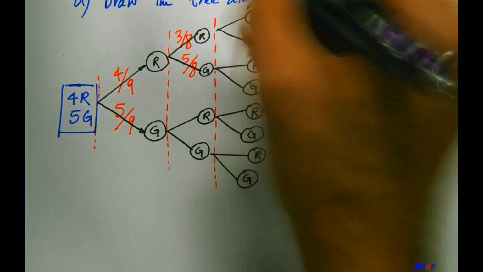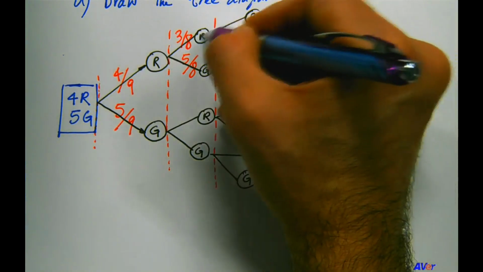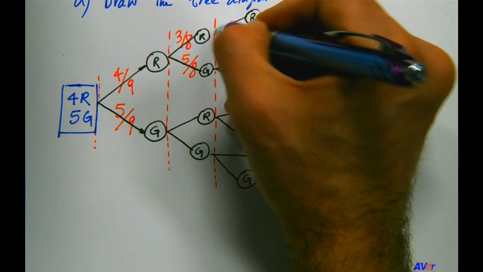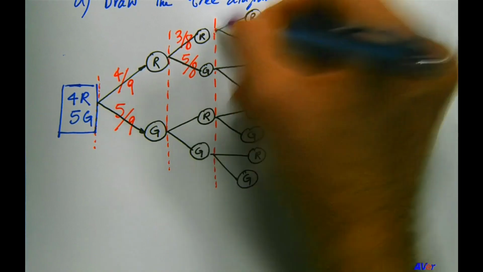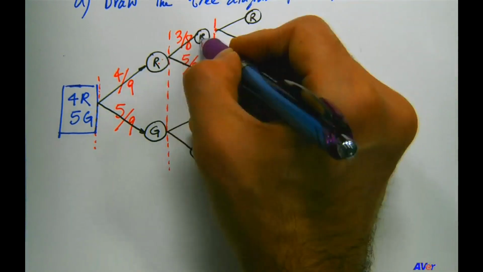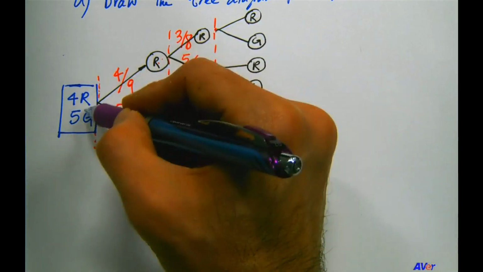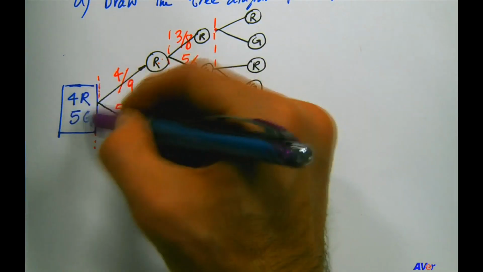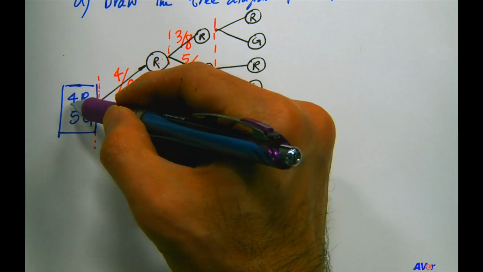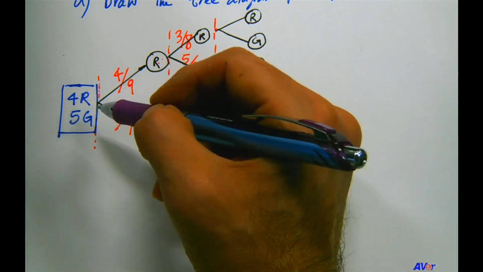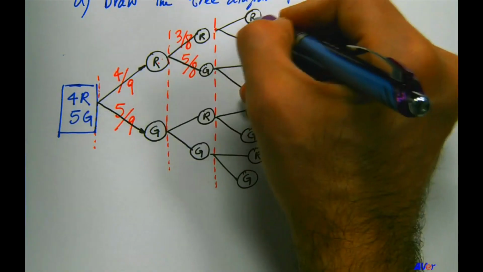Okay, if we're here and we're making the third choice, that means 2 red objects are already out of 9, which means we have a total of 7 objects left, out of which there are 2 red ones, right? 2 out of 7 to get another red one out.